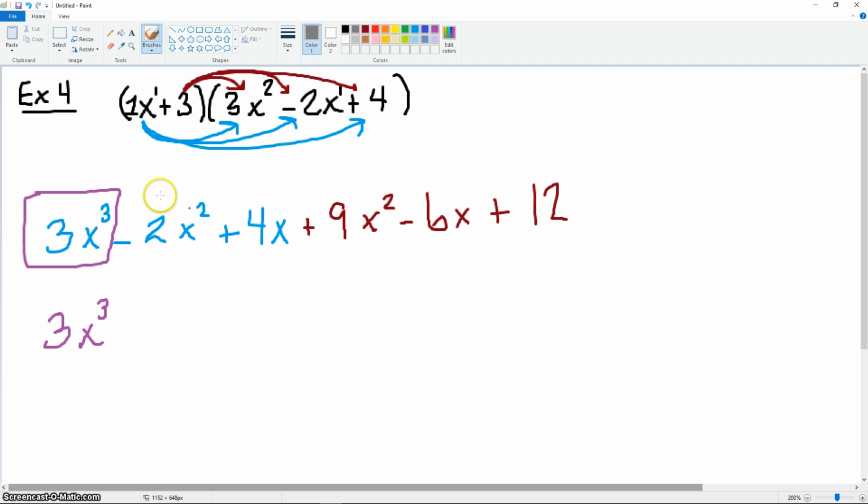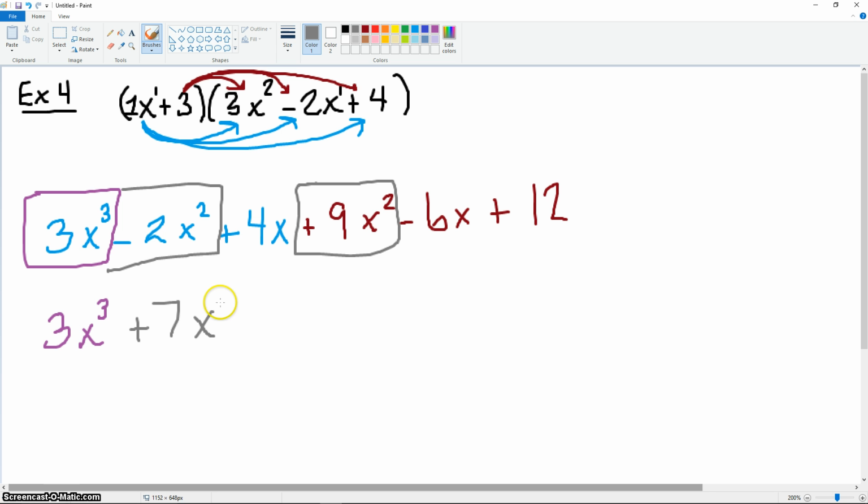And then from there we have a squared term. Do we have any other squared terms? Yes, we do right here. Color coding helps here. So this reads as negative 2 plus 9, and that's going to give us a positive 7x squared.